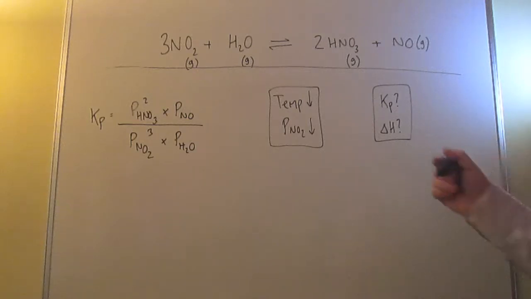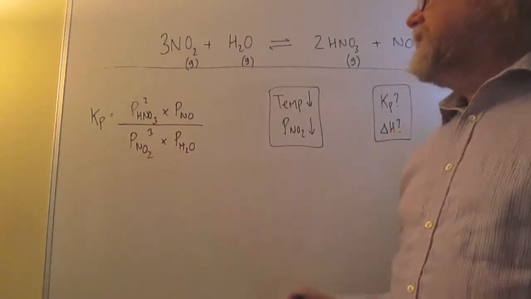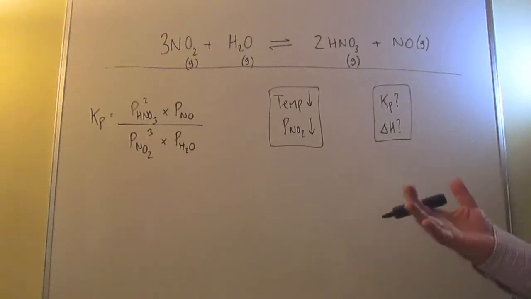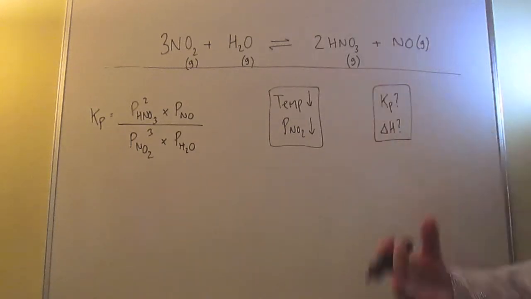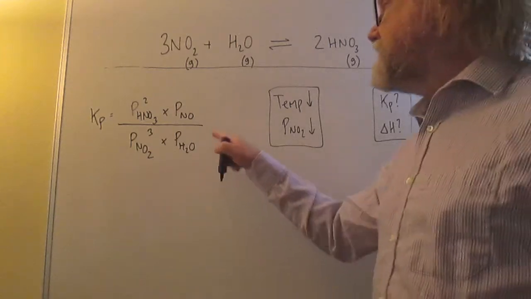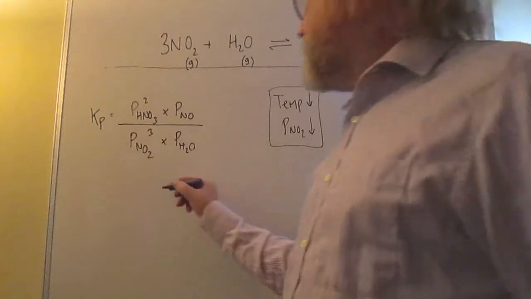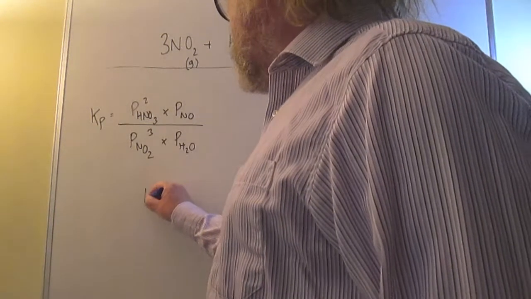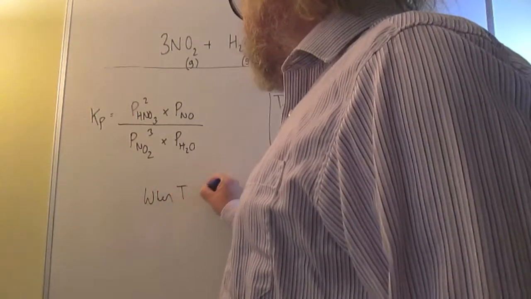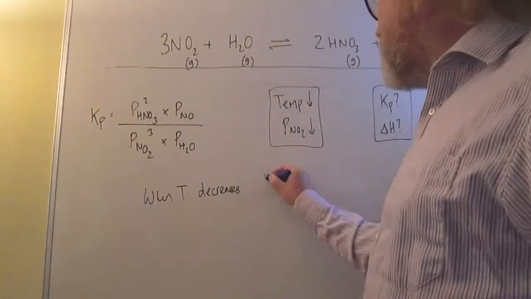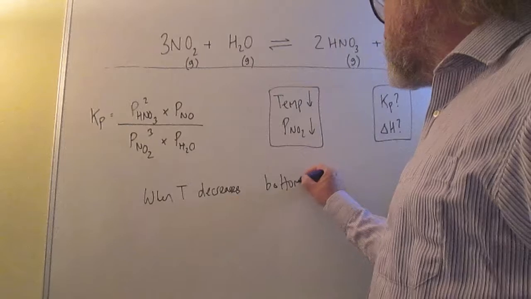So the key thing is that NO2 comes on the bottom of the Kp expression. So if the amount of NO2 has decreased, the partial pressure of NO2 will therefore have decreased, and the bottom line will have become smaller. So what we can say is that when the temperature decreases, the bottom line becomes smaller.